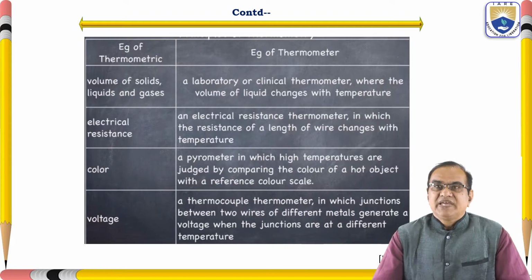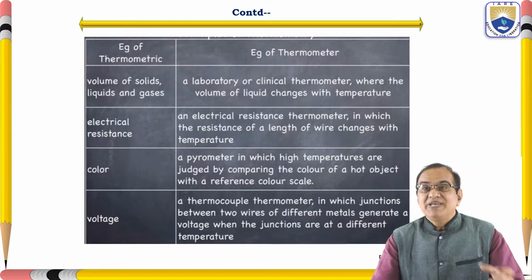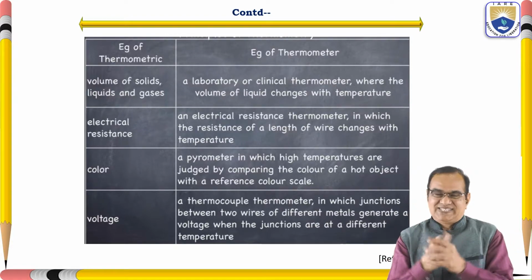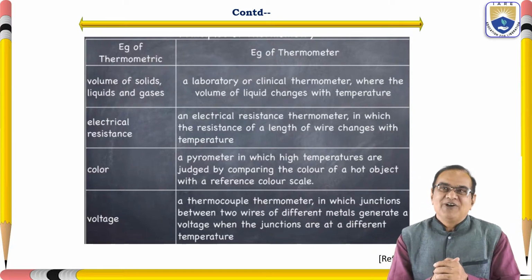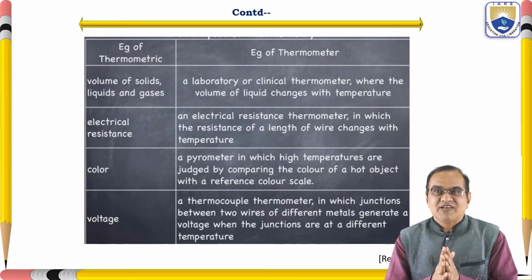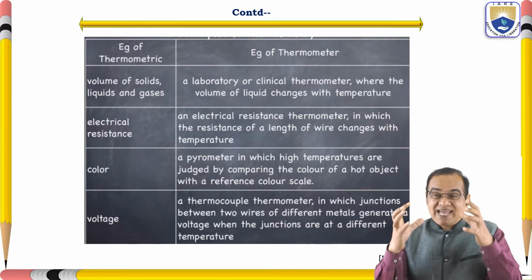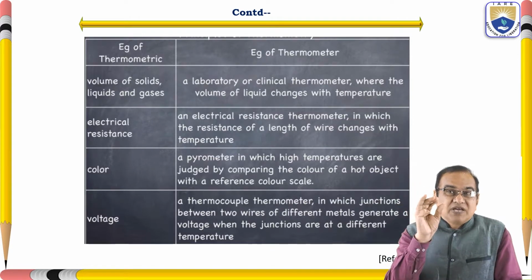Then color. A pyrometer is one in which high temperatures are judged by comparing the color of a hot object with a reference color scale. You may see this in welding, or in your home with the gas. I have observed it so many times; you may or may not have. When the gas in your gas cylinder is running low, the flame becomes yellowish.